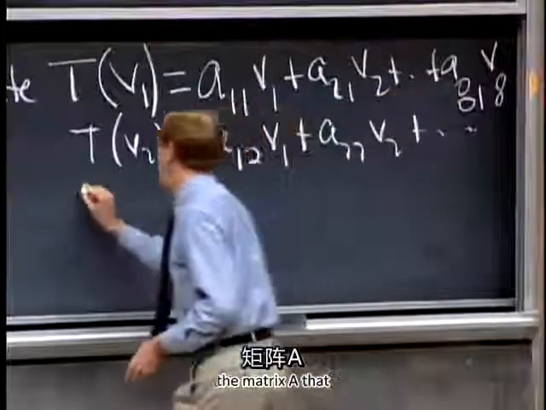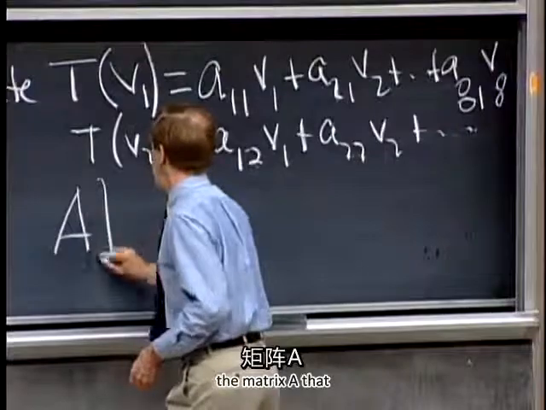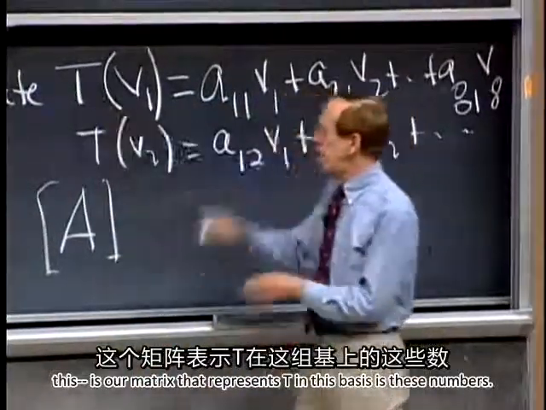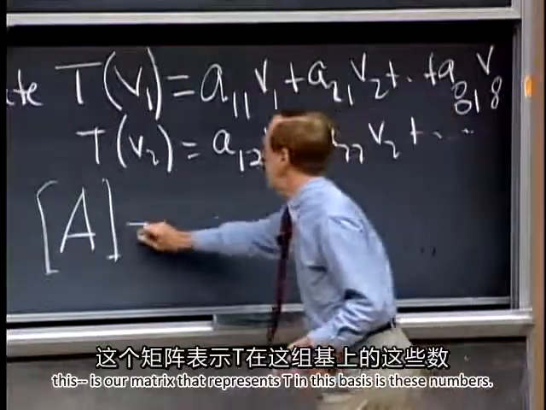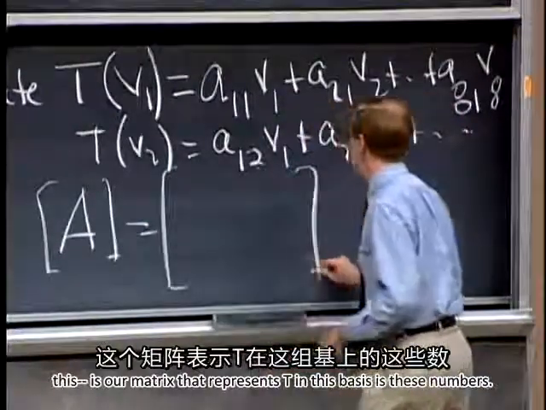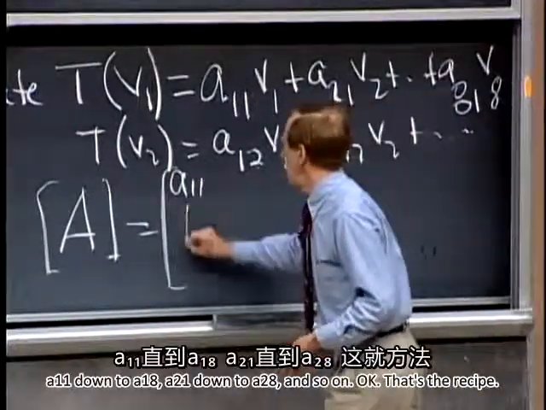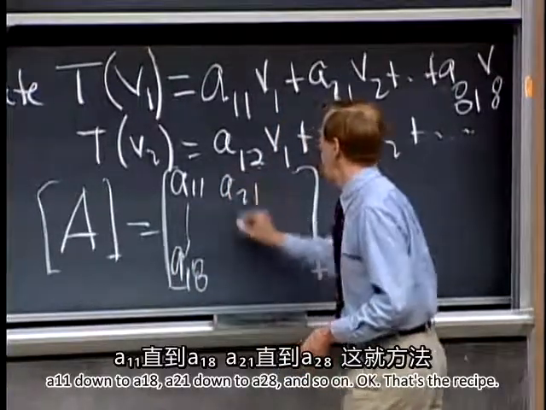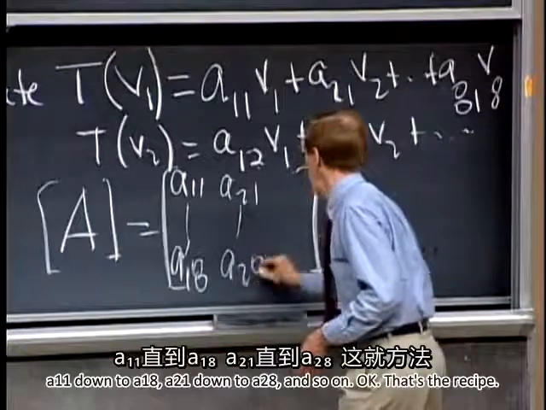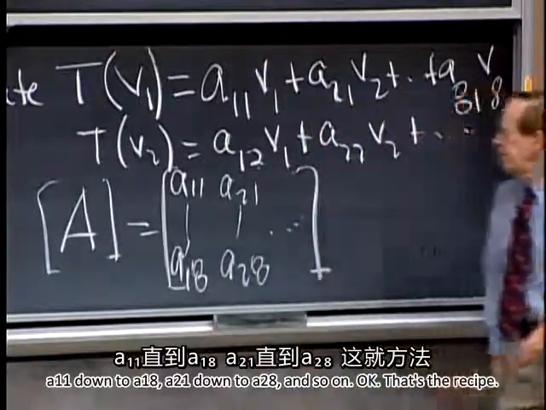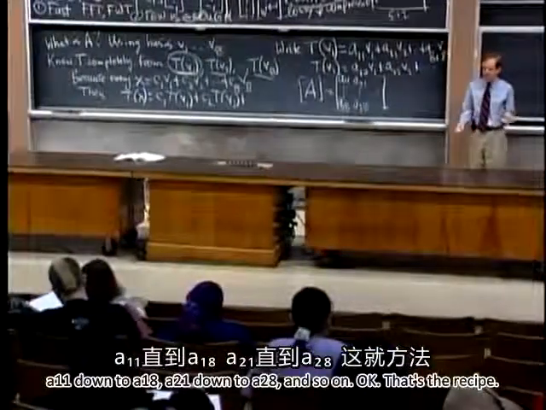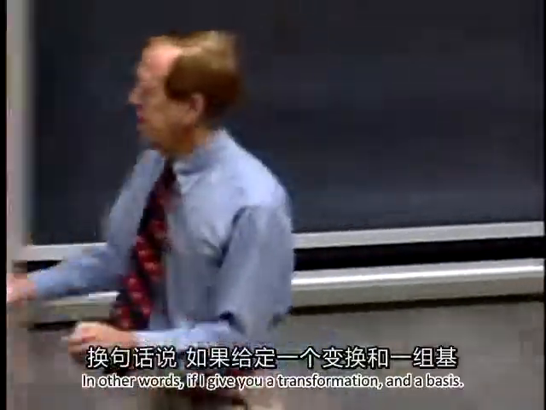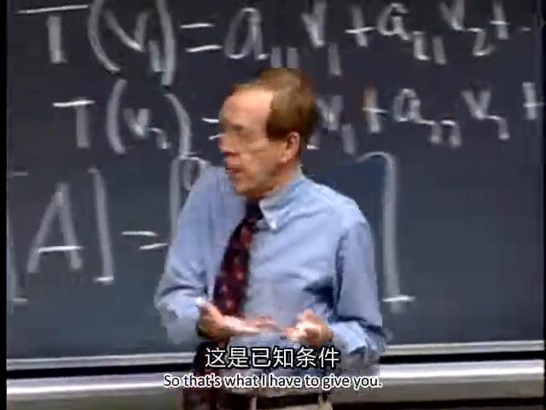The matrix A, this is our matrix that represents T in this basis, is these numbers. A11 down to A18, A21 down to A28, and so on. Okay. That's the recipe. In other words, if I give you a transformation and a basis, so that's what I have to give you.